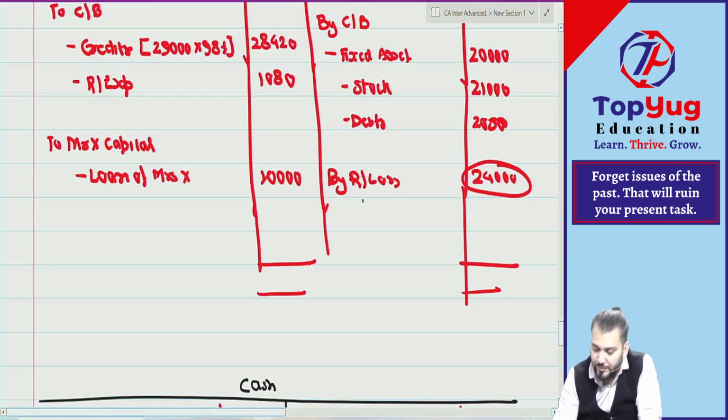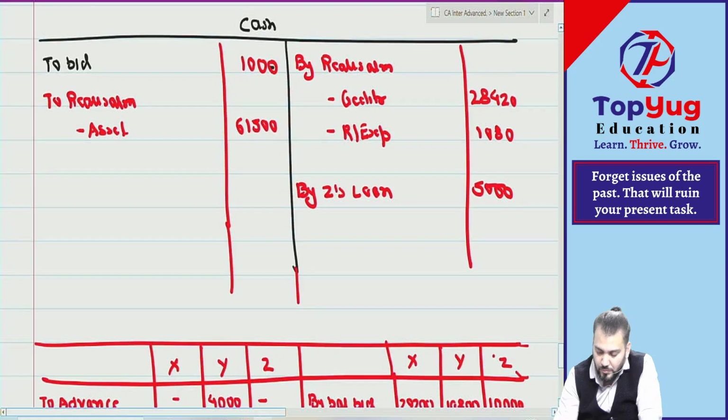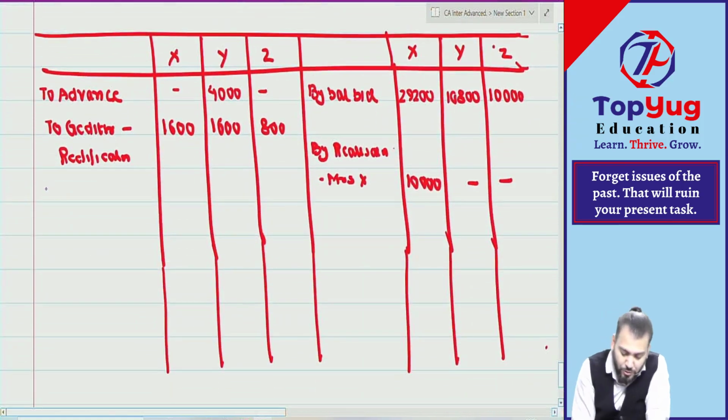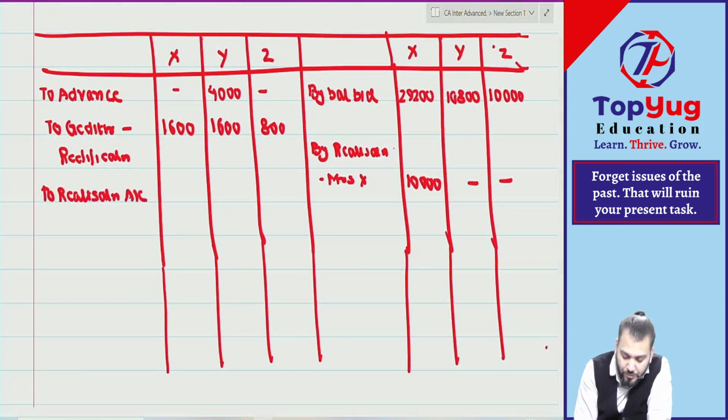All partners. There are two. Realization account, how much? 9,600. 9,600 and 4,800. Done.